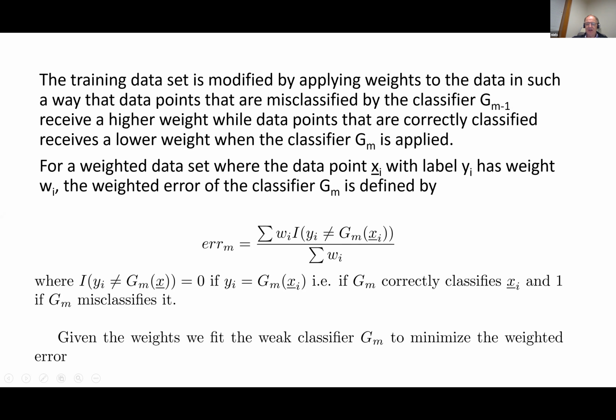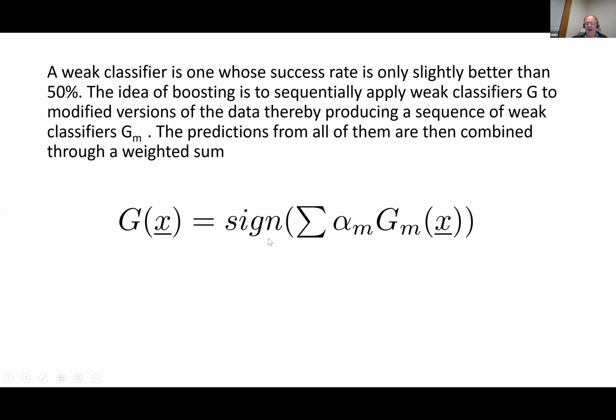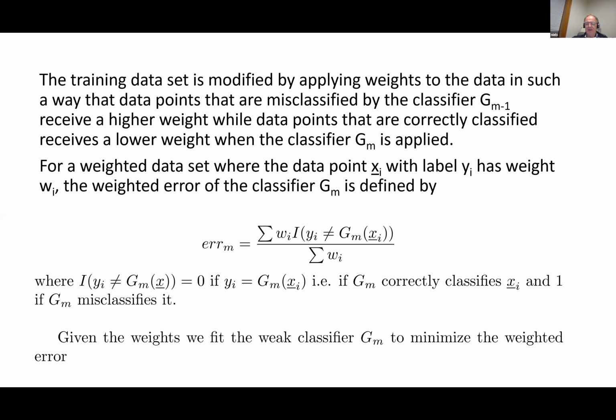The final classifier is going to look like this, a sum of the weak classifiers with some coefficients in front of them. Neither of these G_m here will do a very good job of classifying, but the weighted sum of them will classify very well.